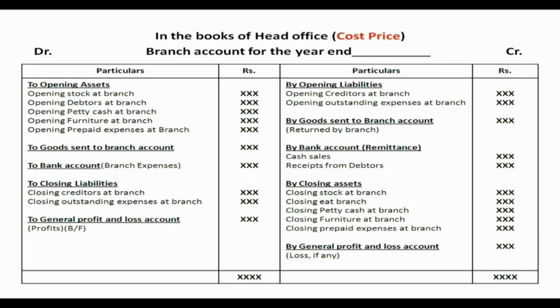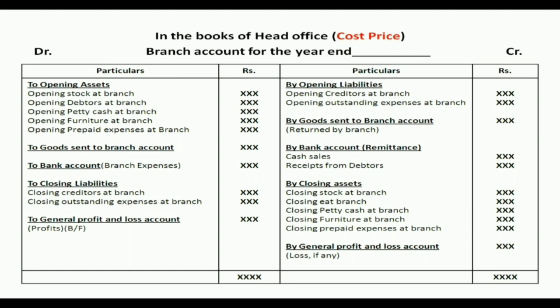After that, we consider bank account on the debit side. Here we consider whatever expenditure has happened at the branch. If the head office paid money for that expenditure, that particular amount will be considered here, only expenditure paid by the head office. On the credit side, we have bank account which is remittance.